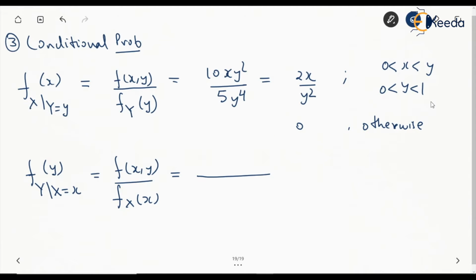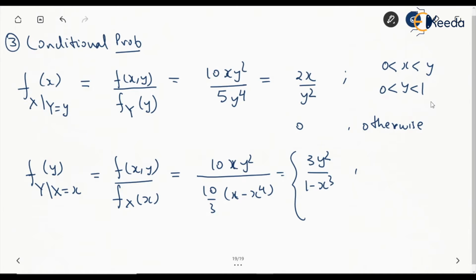We found that to be 10 by 3 (x minus x to the power of 4), and the numerator is already in the question, 10xy square. So this gives the conditional probability 3y square by 1 minus x cube.